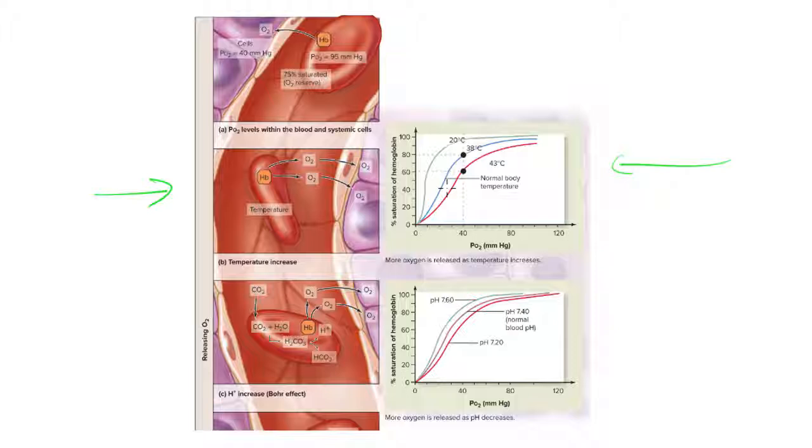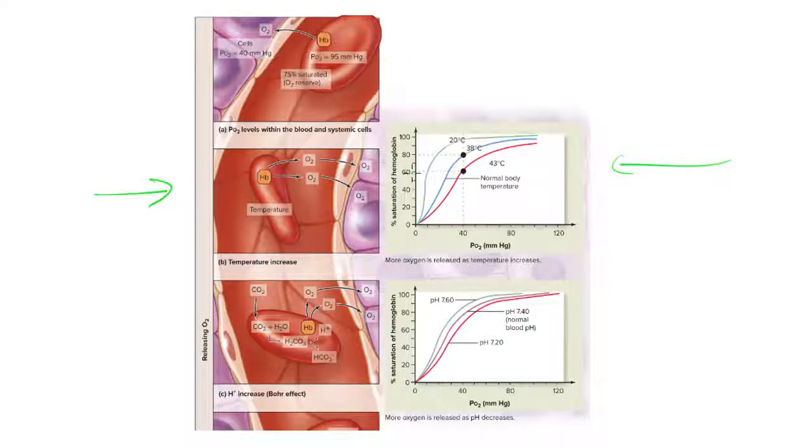If you lower the temperature, you increase the affinity of hemoglobin to attach to the oxygen, thereby increasing the saturation. So at 38 degrees, which is about 100.4 degrees Fahrenheit, a partial pressure of oxygen of 40 gives you 60% saturation.